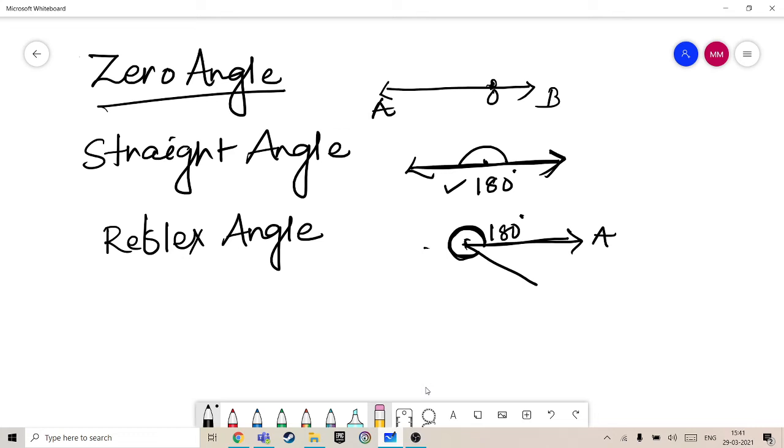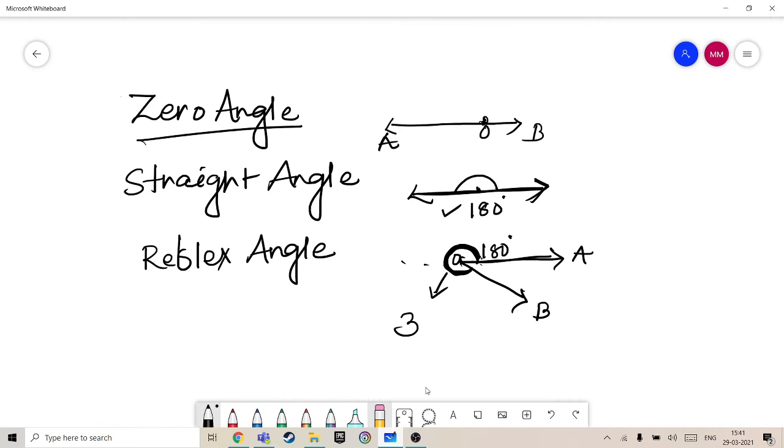This is A, this is O, and this is B. This straight angle is 180 degree, and this whole angle, this circle, is 360 degree.